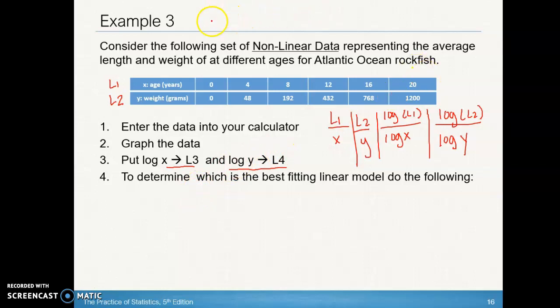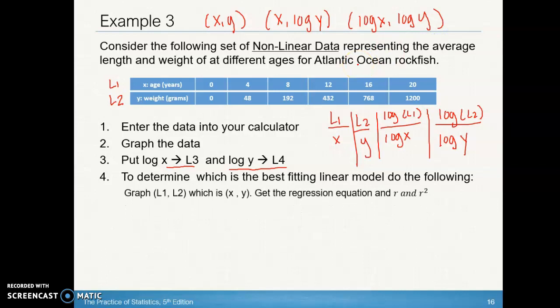Now, in order to determine which is the best fitting linear model, our goal here is, we're not sure, okay, we originally started with x comma y. We're not sure if x, log of y or if log of x, log of y is going to make it more linear. Okay, so first you're going to graph your original function, which is x and y, and compare the r and r squared values.